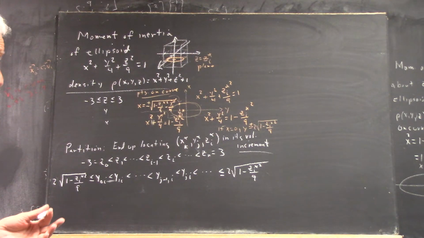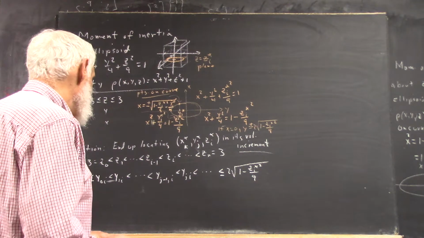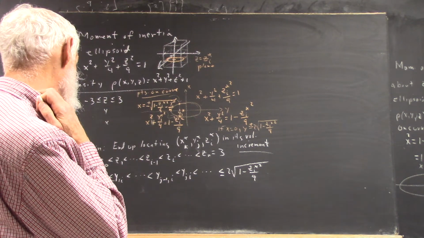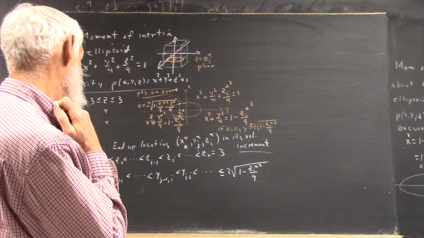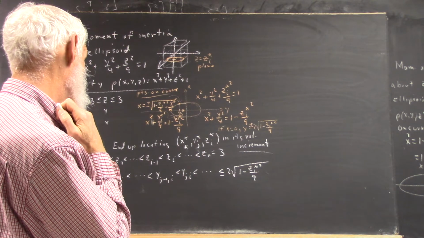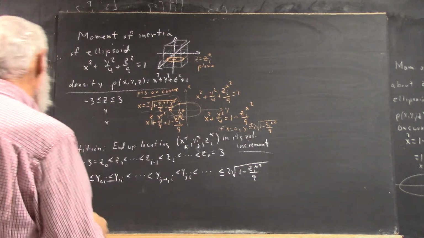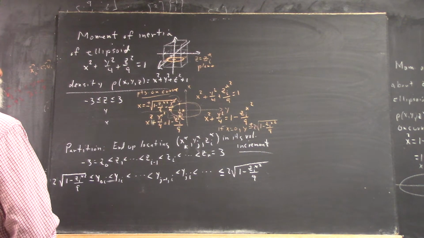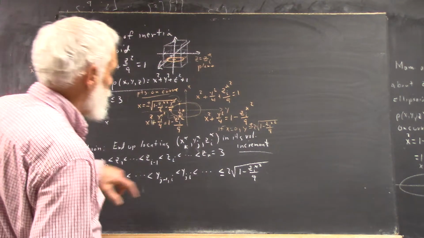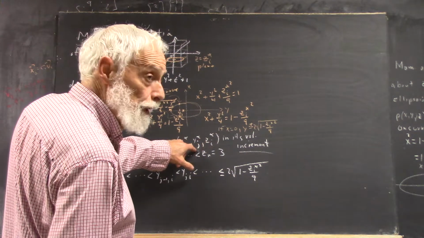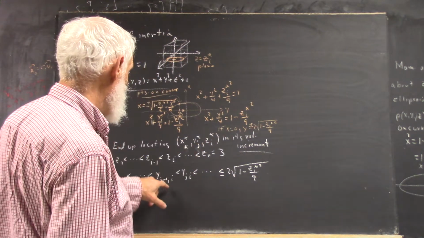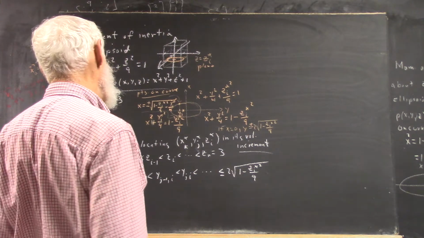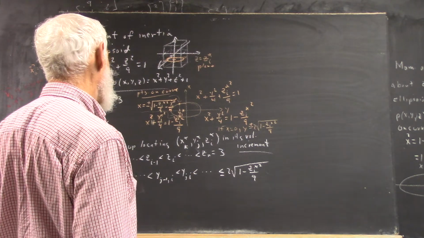So we kind of jumped ahead there. My zi star, yj star will be in this interval, right?